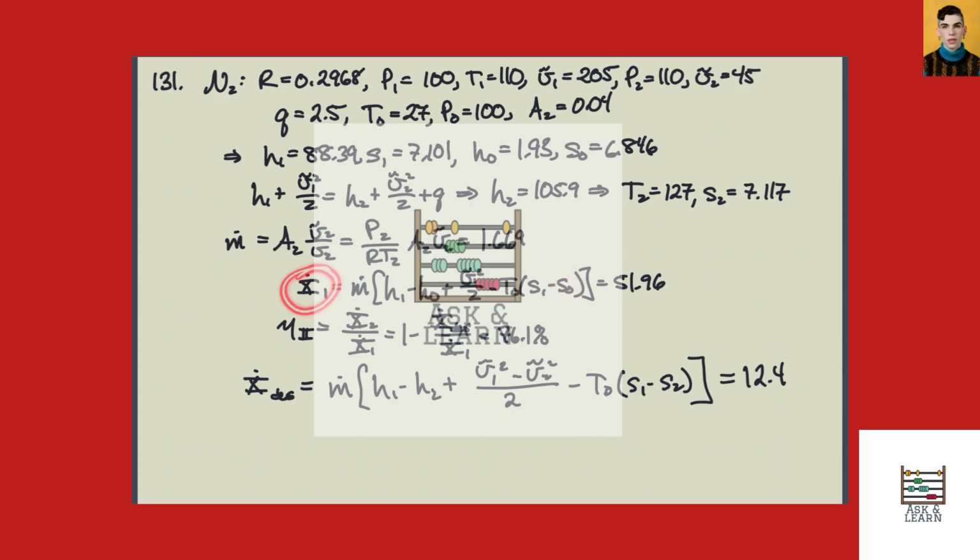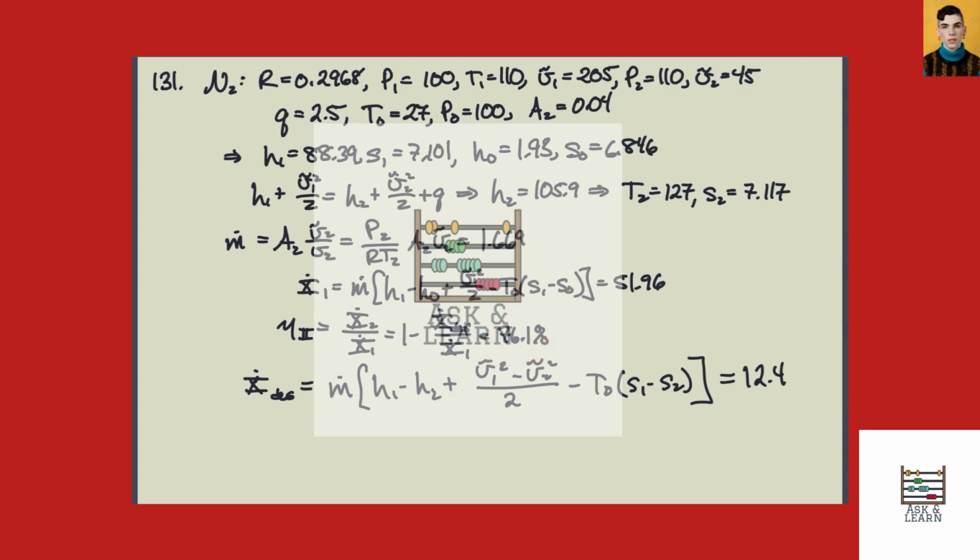And so we can see the exergy flow in is about 52 kilowatts. And so the exergy at the outlet is this minus what was destroyed. Putting that in, the efficiency is 1 minus the rate of exergy destruction divided by the rate of exergy coming in. And in this case, we wind up with 76.1%.